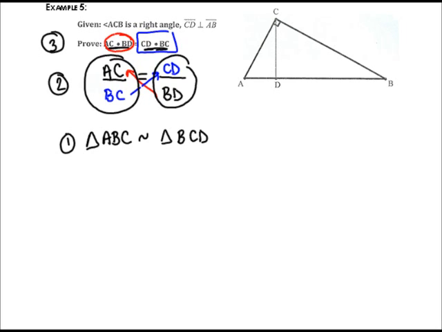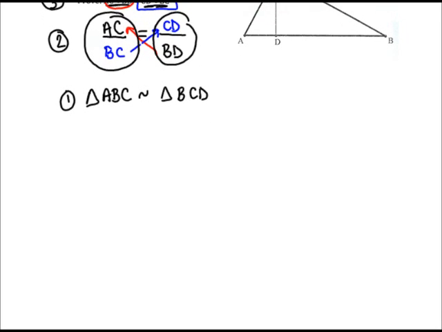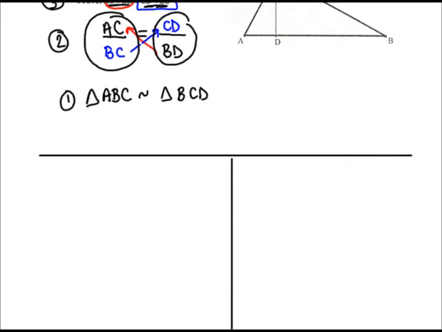So let's go ahead and start our proof. And again, our goal is to prove triangle ABC is similar to BCD first. So statements and reasons after you tee it off. And your given information.